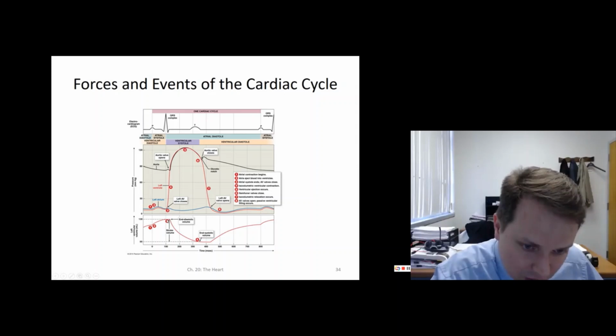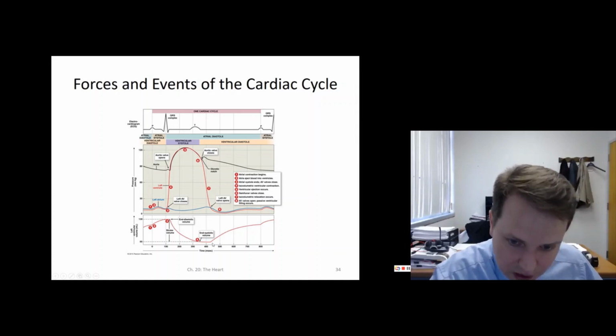You can see it starting to squeeze, and for a while it's not moving blood until it produces enough pressure to open the valve, and then the blood leaves. Then we start to refill the ventricles passively. Then atrial systole fills up the ventricle the rest of the way. And that's what this is. Okay?